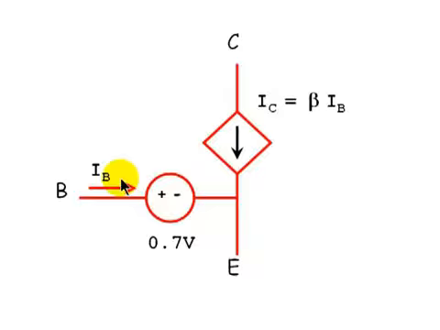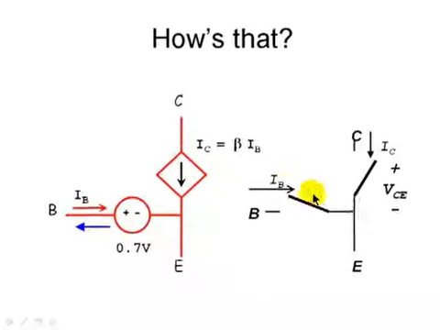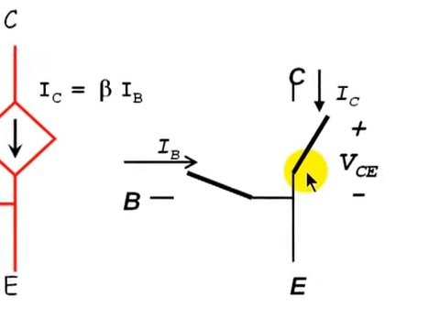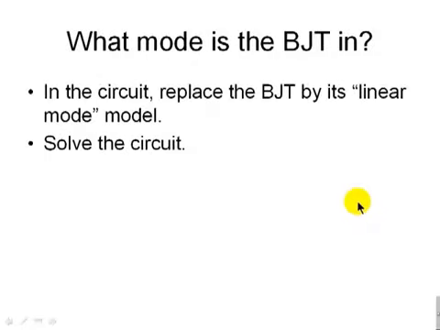If that current is negative, like so, for an NPN transistor, then the BJT is in cutoff mode, and we replace this linear model with this other model, the cutoff model. And then we solve the entire circuit again.